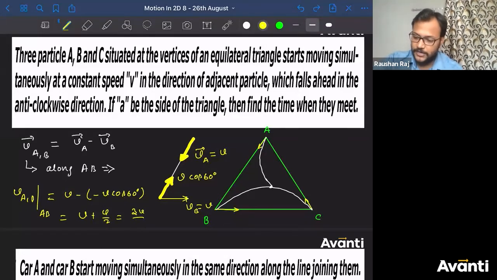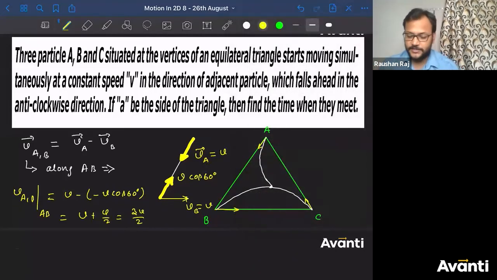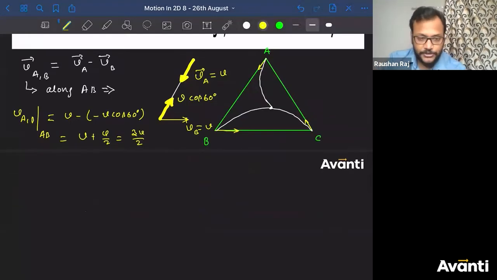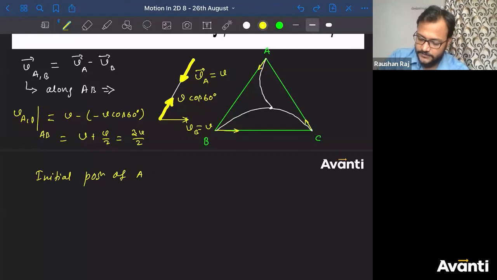So I'm trying to convert this into motion in 1D. Simple thing. Tell me what is the initial position of A with respect to B. Tell me guys, what is the answer?